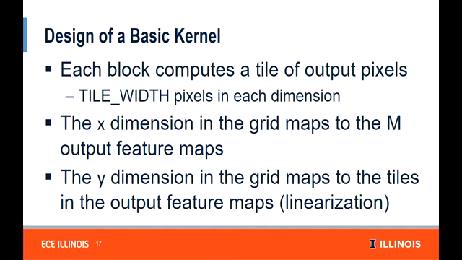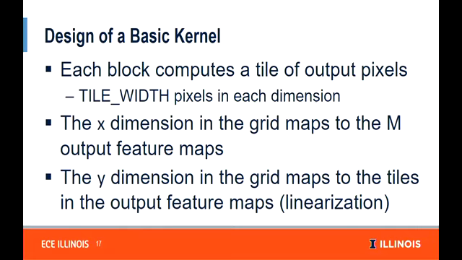And you say, why do you do this, Professor Hu? You have 3 dimensions of indices that you can play with. Why do you bother to linearize all the tiles in the output feature map into the y dimension? The reason is there is a natural z dimension for the mini batch, the batched inputs.